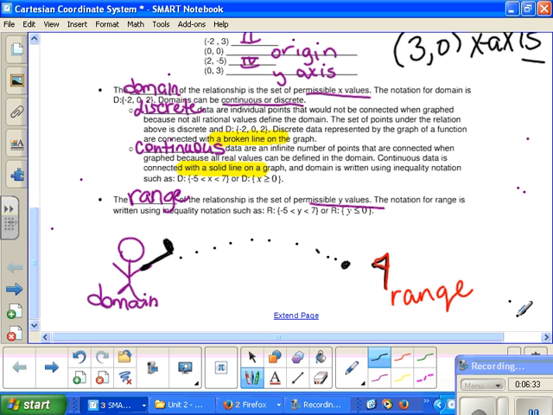If you are a hunter or if you go to a rifle range, same idea. Where you start, where you stand is your domain. Where you are shooting targets or ending up is your range. So think about range as your result, domain is your starting point.